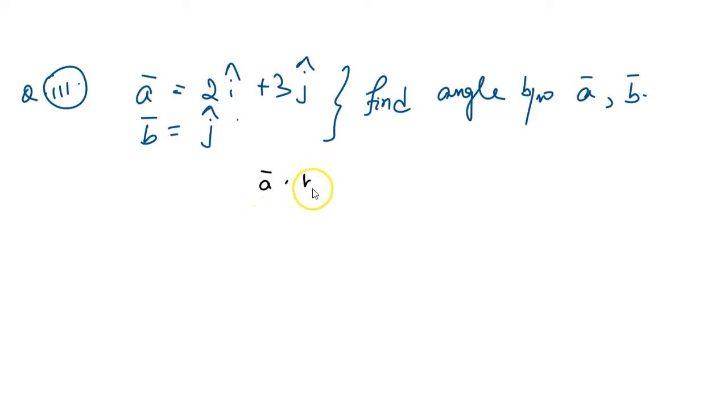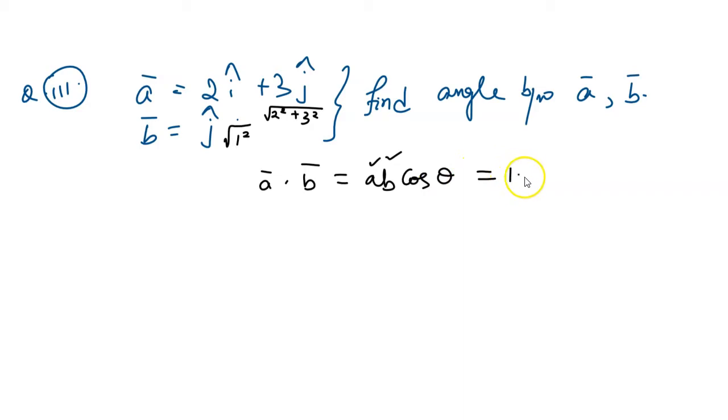So A dot B, that is AB into cos theta. So yes, we can find their magnitudes. So the magnitude of A will be root of 2 squared plus 3 squared, and magnitude of B, it will be 1 only because it is just root of 1 square. So that will be 1 into root 13 into cos theta.